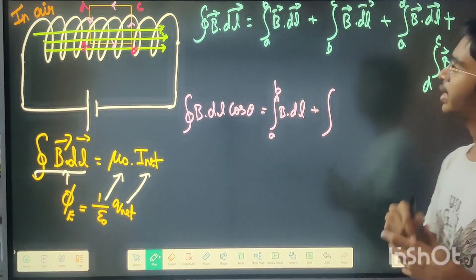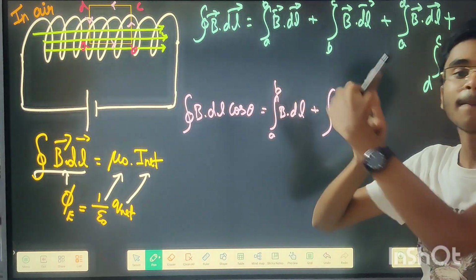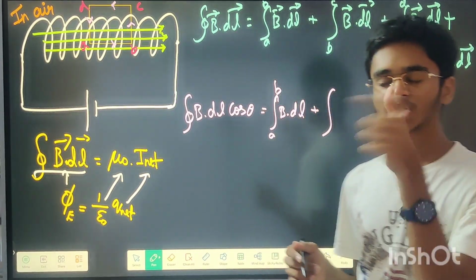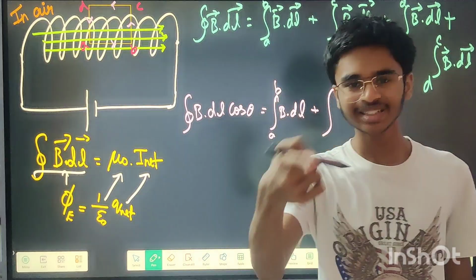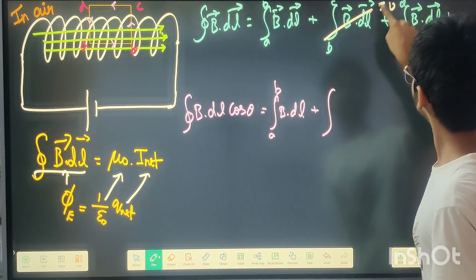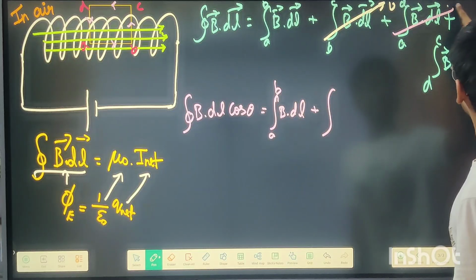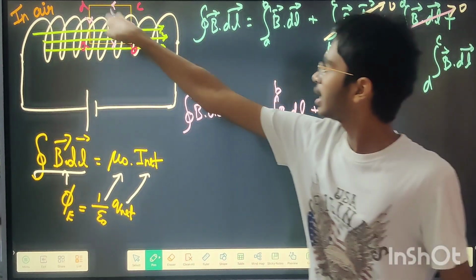next is BC. For BC, these two are perpendicular to each other, that means they are 90 degrees. So cos 90 will be 0, and this total term will be 0. And over here, AD will also be completely 0 because there also it is perpendicular. Then we have DC.